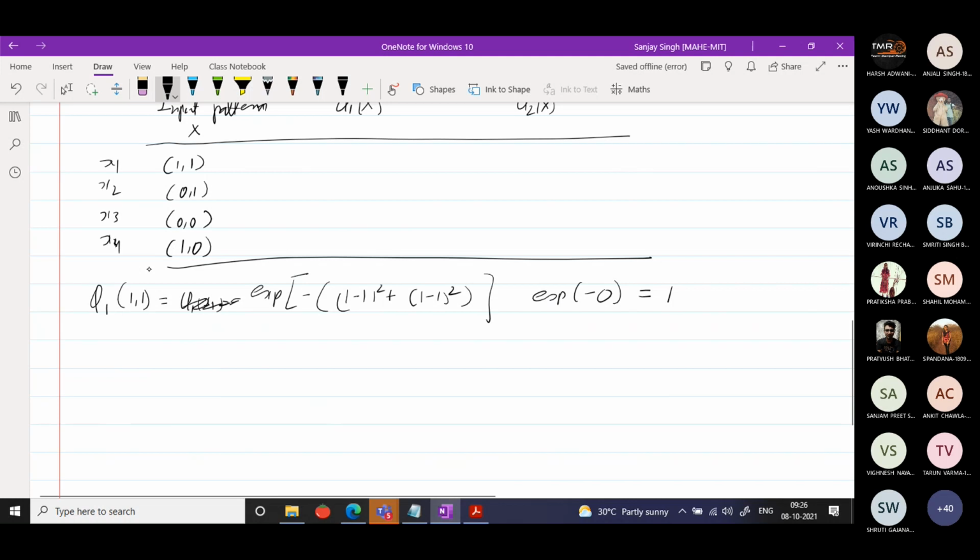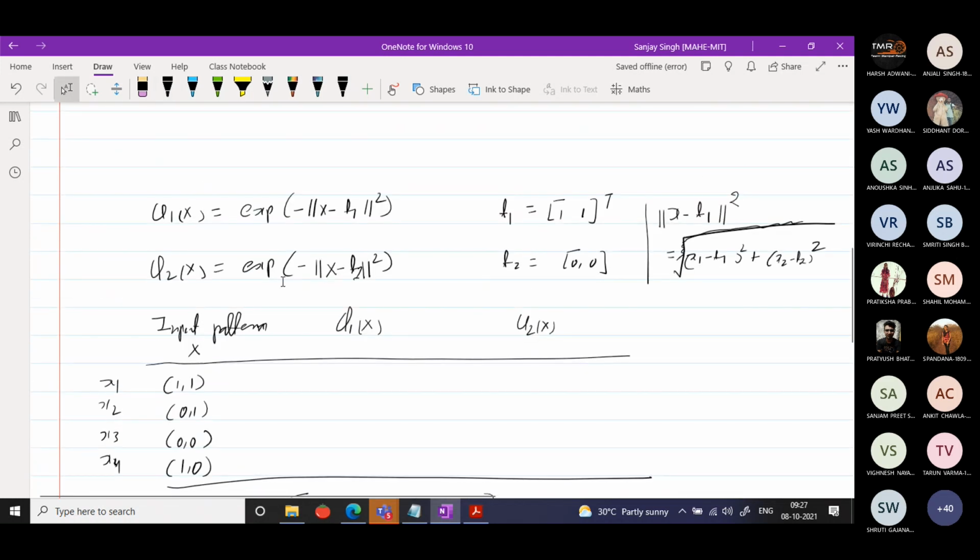Now let me do x2, and likewise compute phi 2 for this one point. It is exp of minus, 1 minus 0 squared plus 1 minus 0 squared. From where did I get this 0? It is the center of the other radial basis function, 0, 0.